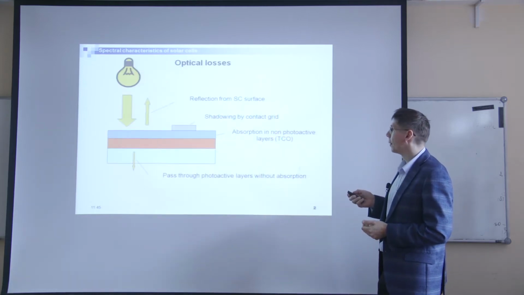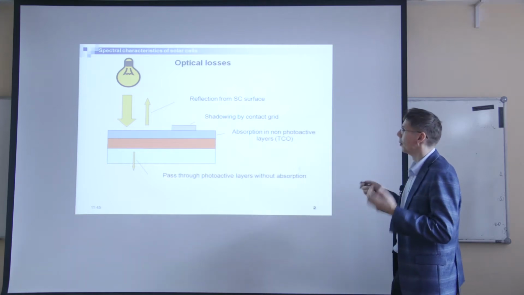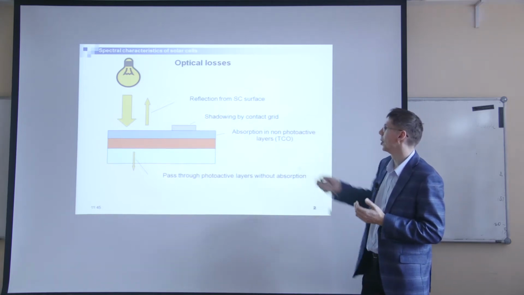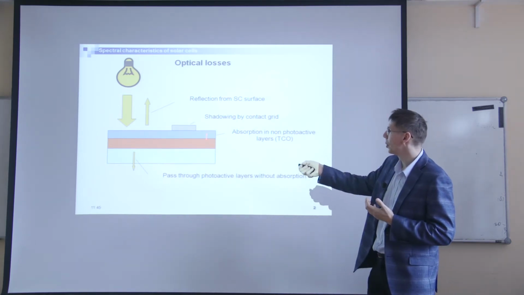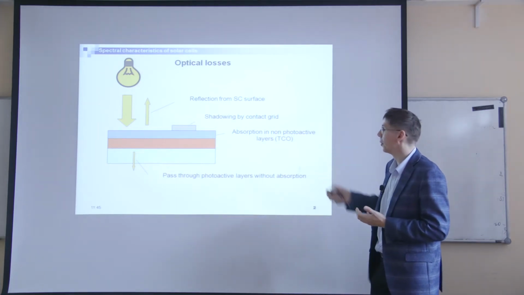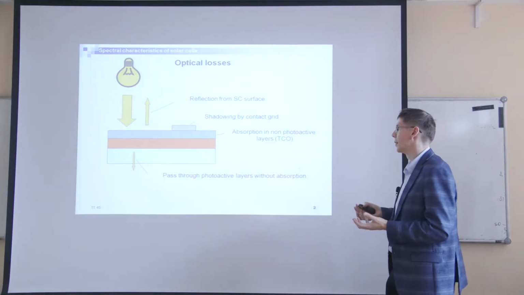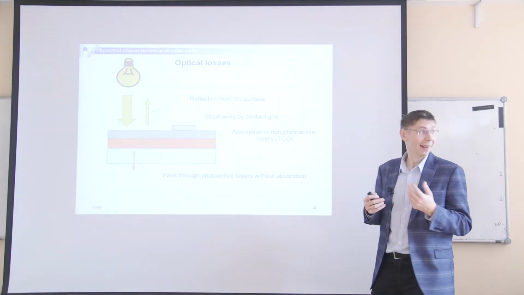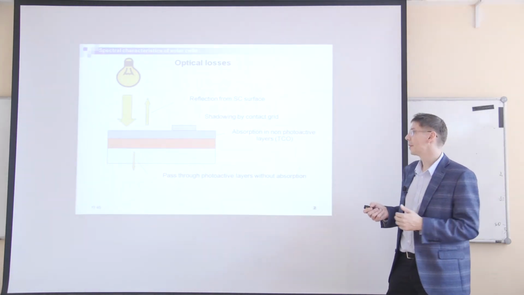So first of all, what kind of optical losses can we imagine? First, it's just reflection, it's clear. Then we have some shadowing by the contact grid. We can get some absorption losses in non-photoactive layers. It means, for example, a transparent conductive oxide, for thin film solar cells or for heterojunction solar cells based on amorphous silicon and crystalline silicon.